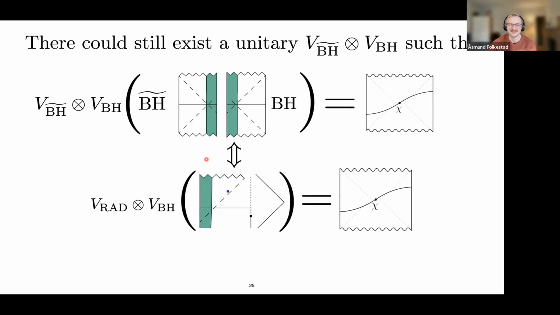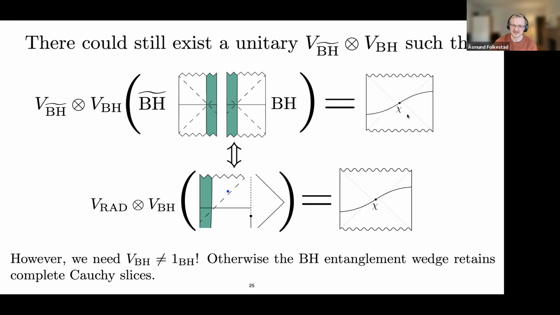And equivalently, we can go back and forth with these pictures by acting just on the radiation. So that means there also exists such a unitary on the radiation state that can let us build a semi-classical wormhole. But it is crucial that V_BH is not equal to the identity. This cannot be true if V_BH is equal to the identity.